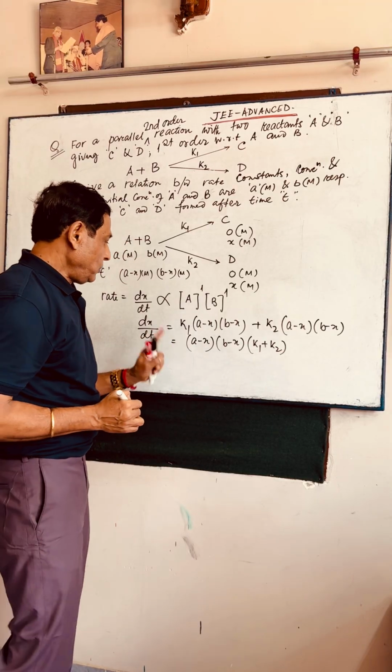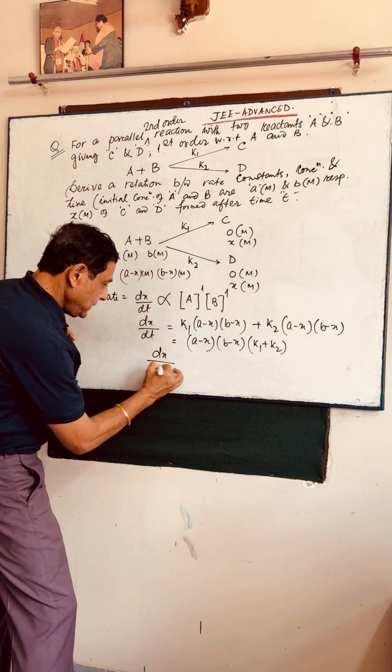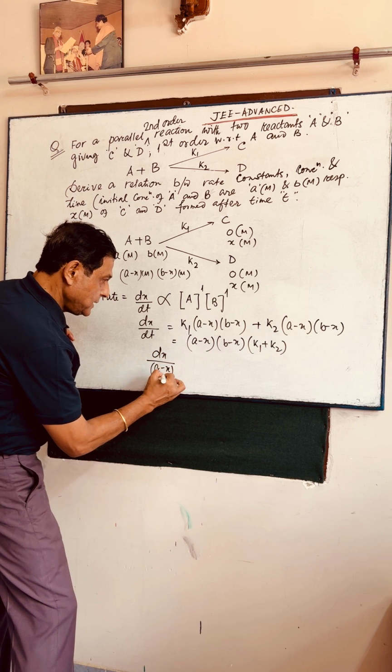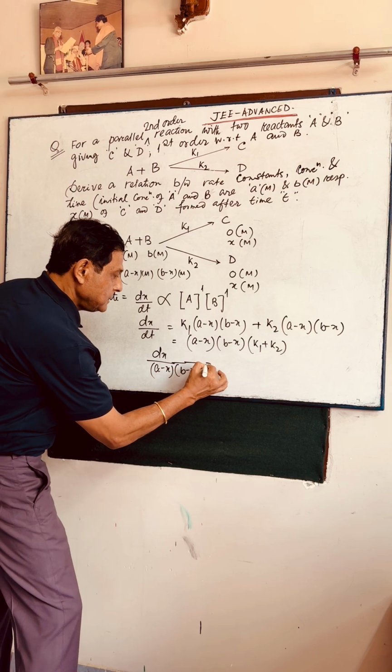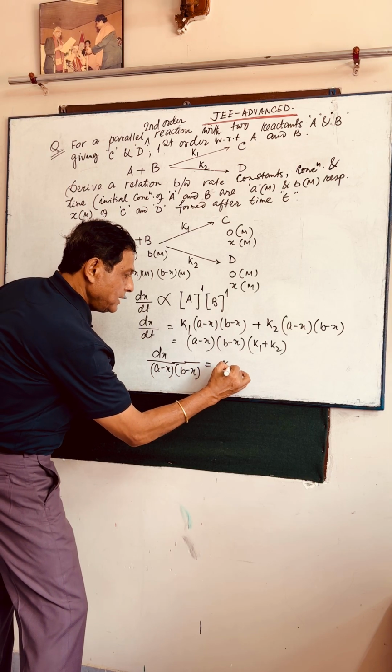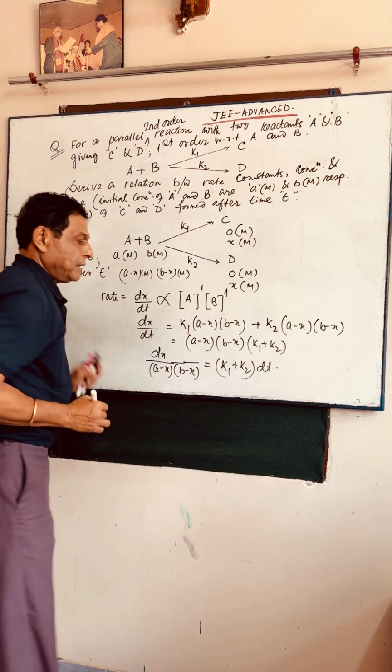Okay. Now we have to integrate. dx by (a minus X)(b minus X) is equal to (K1 plus K2) into dt.